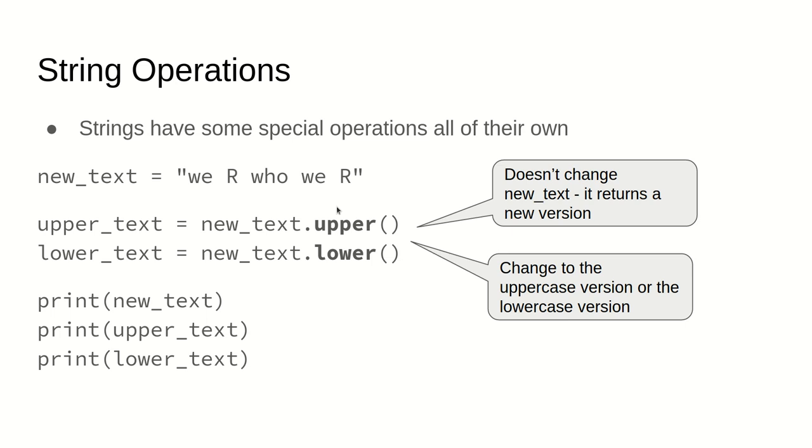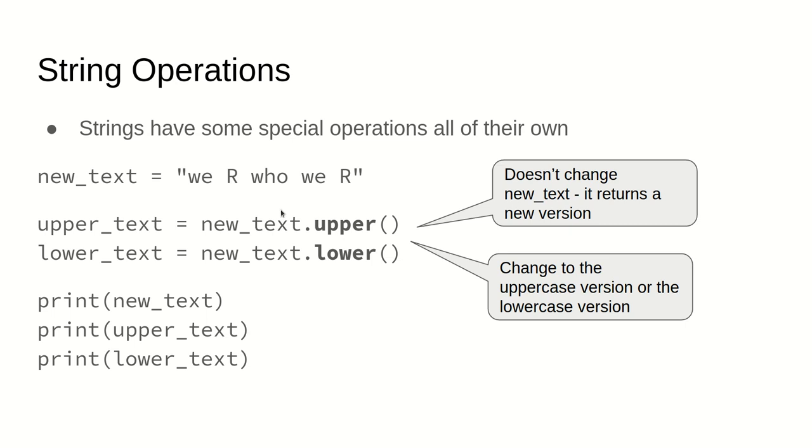Strings also have many of their own functions or methods that you'll be able to call using the dot operator, like we've seen when we called things from libraries, or perhaps in a few other cases that we've looked at, where you have some variable name here, for instance, newtext, and we call a function related to newtext. And for instance, here we've got upper and lower, which will create for us new strings that are the uppercase version of newtext.